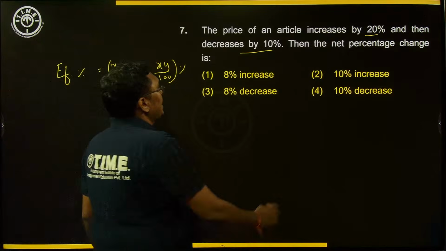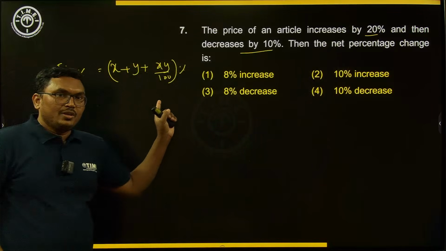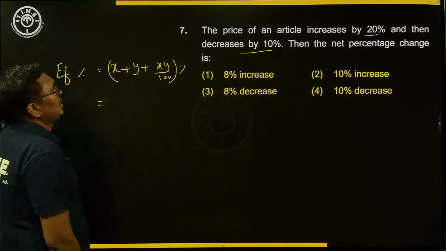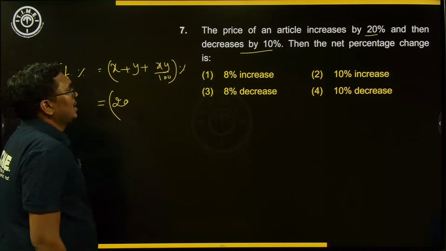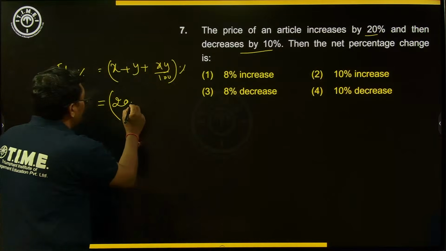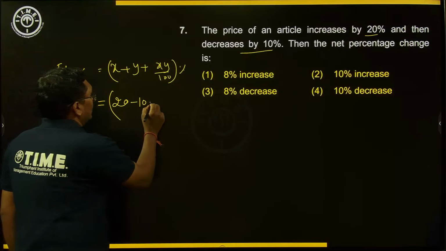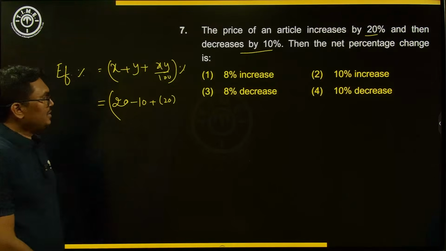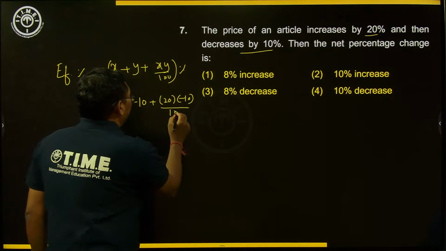Listen carefully. Increase means you have to take positive sign, decrease means you have to take negative sign. So here 20% is what? It is increase. x is 20, and 10% is decrease. Decrease అయితే మనం ఏం తీసుకోవాలి? Minus sign. So minus 10. Next, x is 20 and y is minus 10, plus xy by 100.